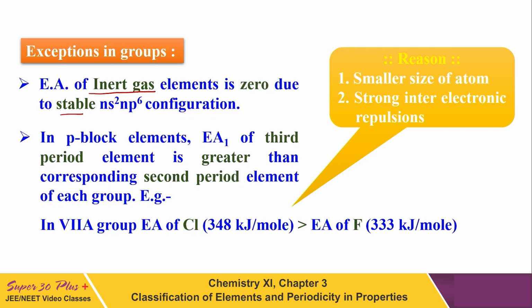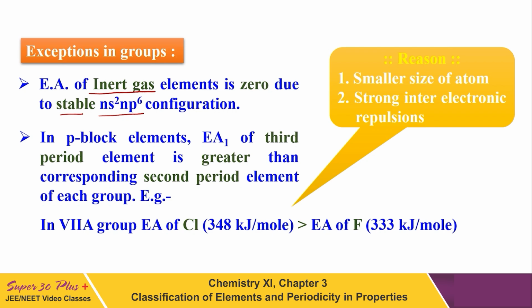When the electronic configuration is ns2np6, where the outer shell is completely filled, it is a stable configuration. And if the configuration is stable, it is very difficult to add an electron because it will destabilize the species. The species is already stable, and if you try to add a few more electrons, it will destabilize it.